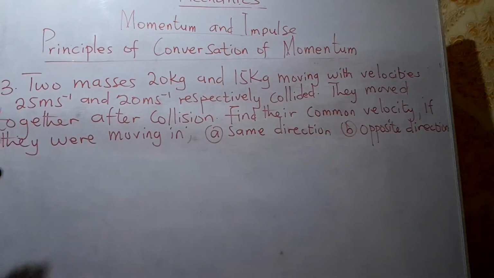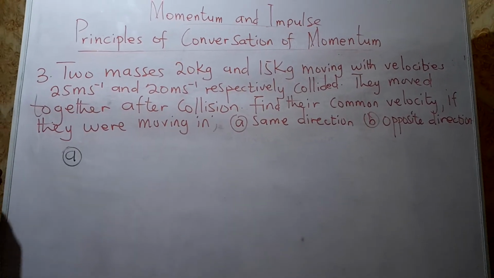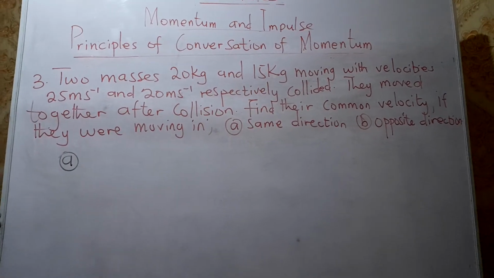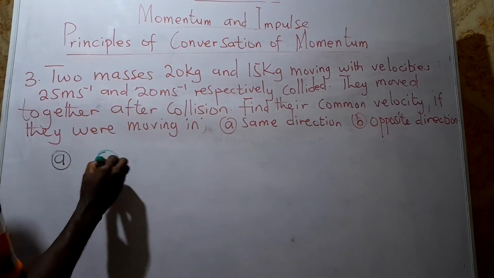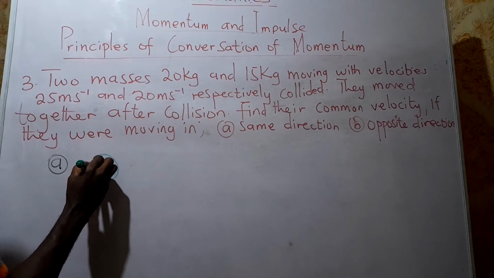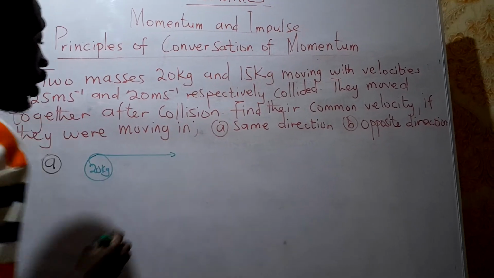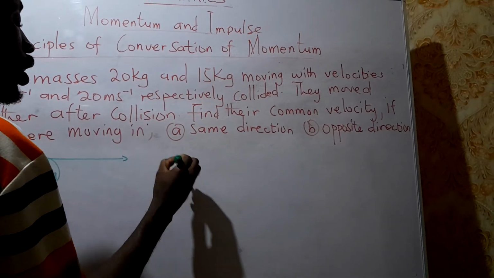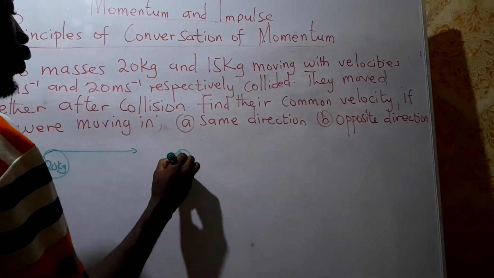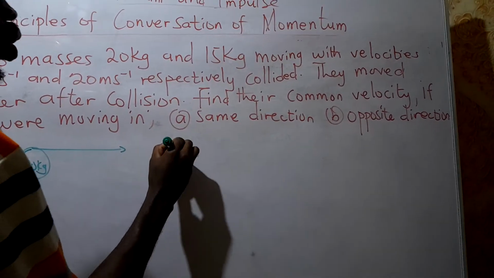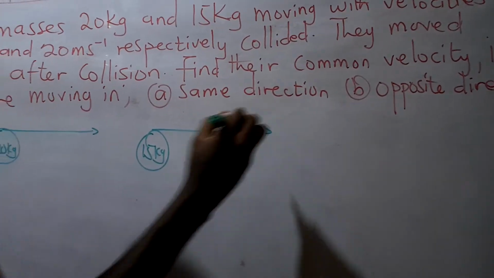So let's look at the first instance, A, when the two bodies are moving in the same direction. Then we can say the first body, which is 20 kg, goes like that. Since they are moving in the same direction, the second body, which is 15 kg, will also go in the same direction.